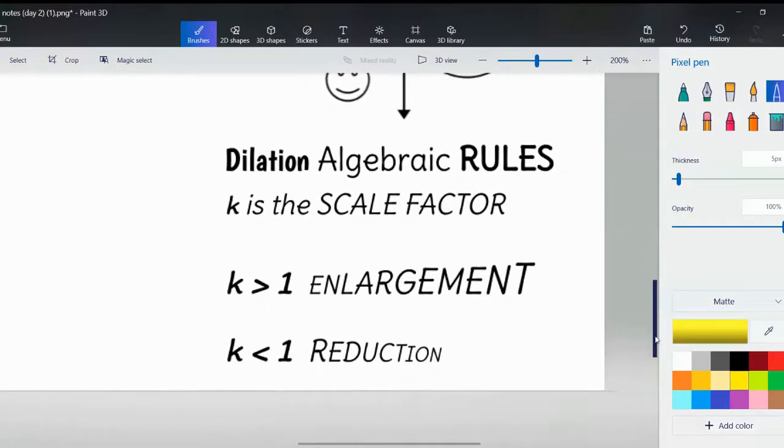So there's some algebraic rules here. K is the scale factor. And a K that's greater than 1, okay, so you can always write greater than, greater than 1 right there is going to be an enlargement.